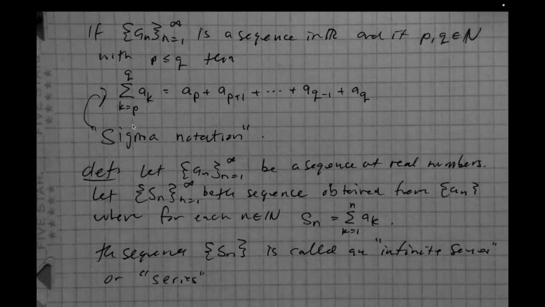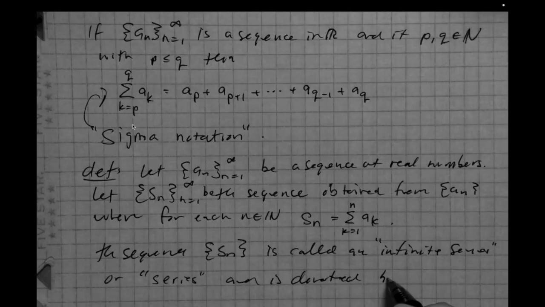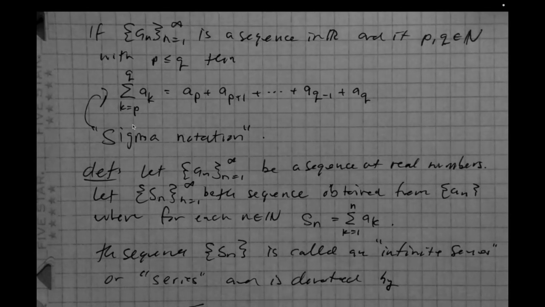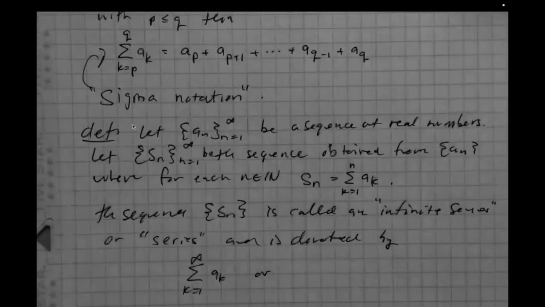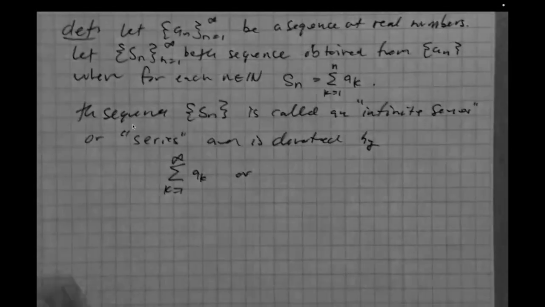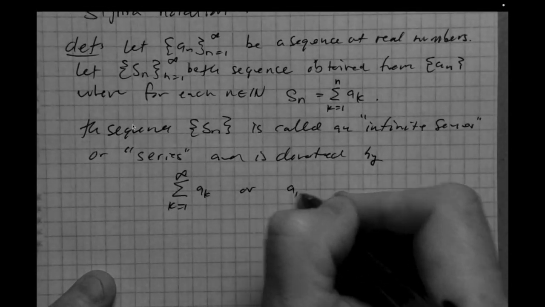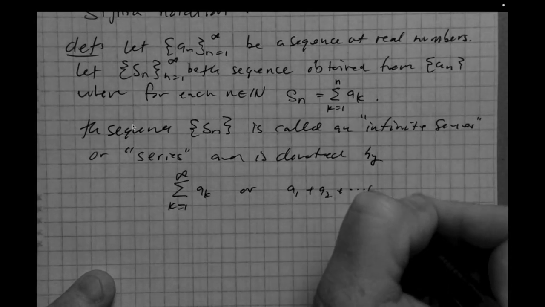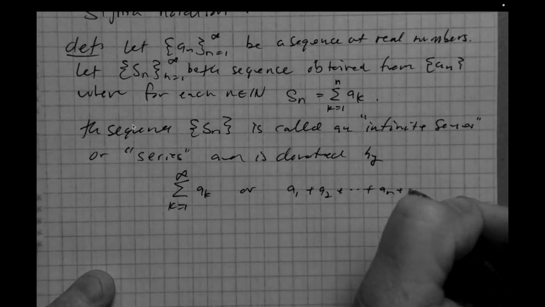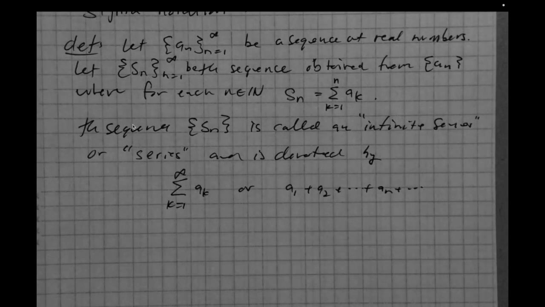It's denoted typically just by the sigma notation, the sum from k equals 1 to infinity of a sub k. Or, less concisely, you could write a sub 1 plus a sub 2 plus dot dot dot plus a sub n plus dot dot dot. So it's an infinite sum.